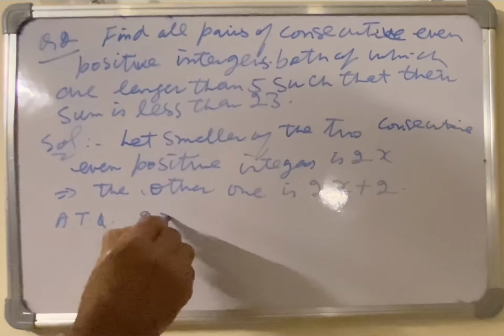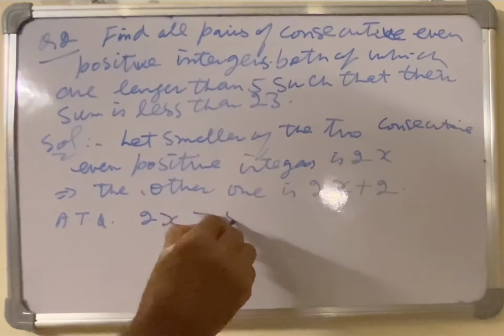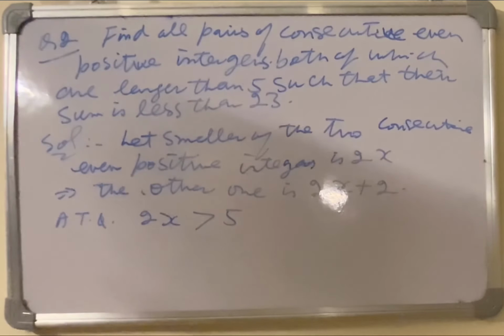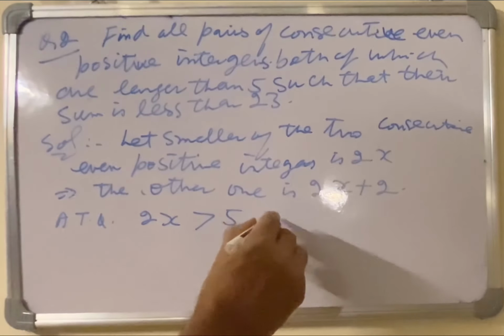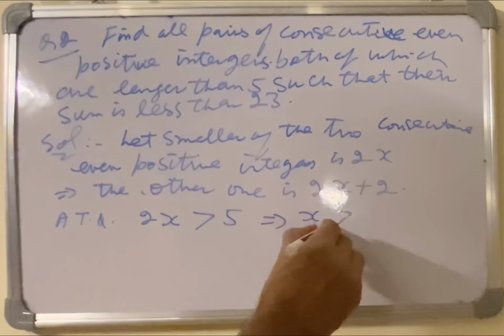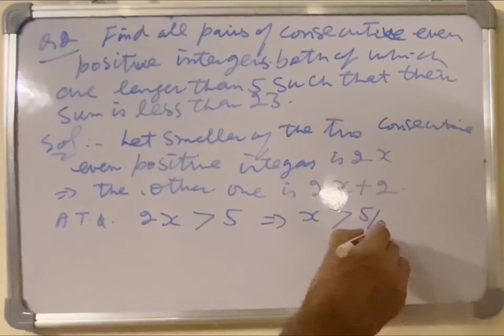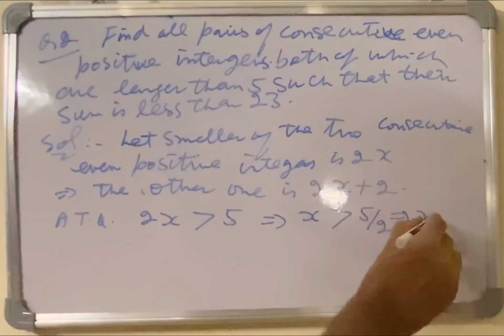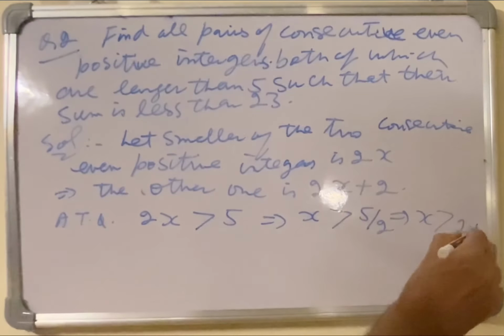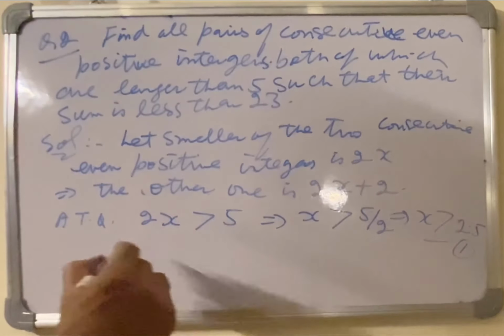Therefore 2x is greater than 5, which implies x is greater than 5 by 2, x greater than 2.5. This is number 1.